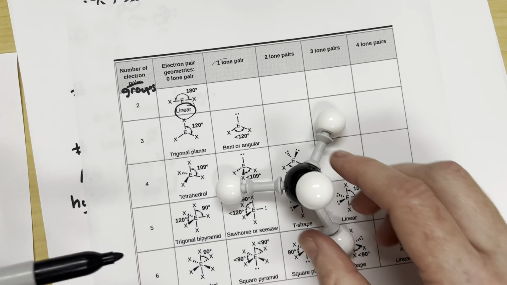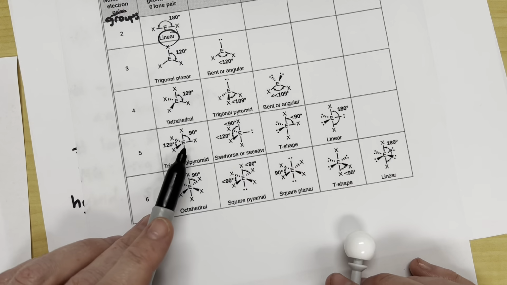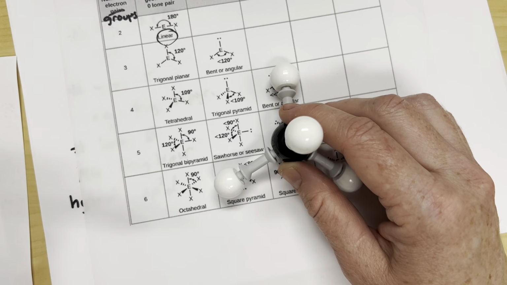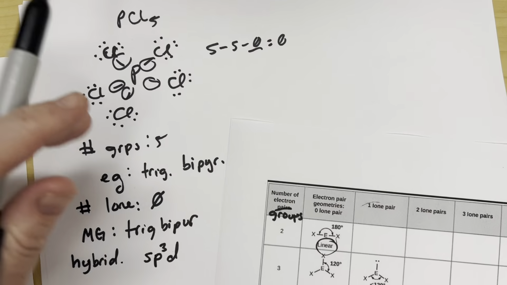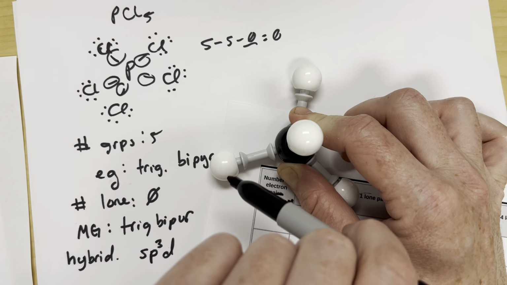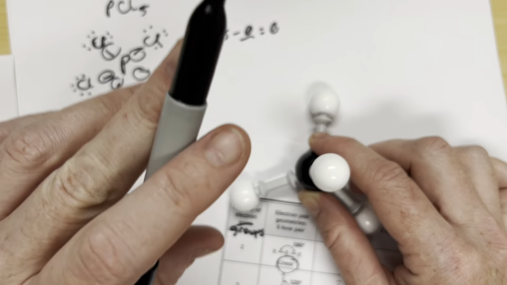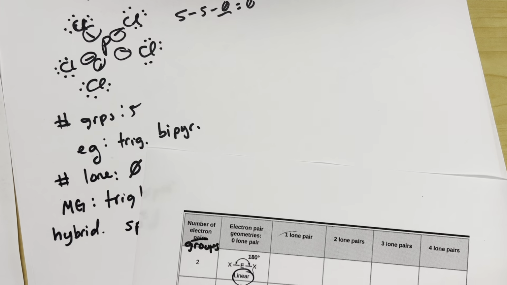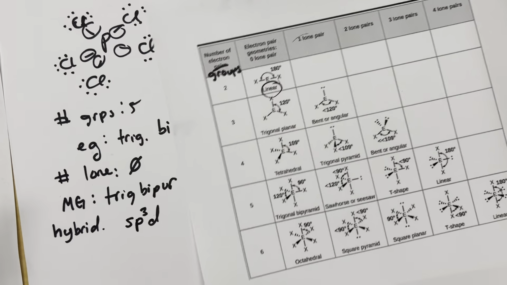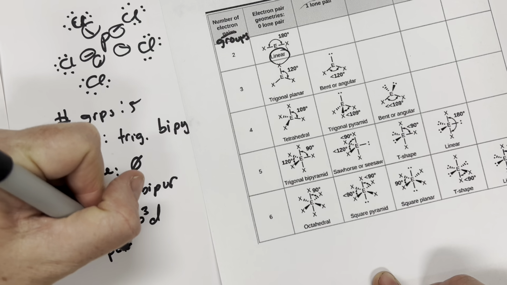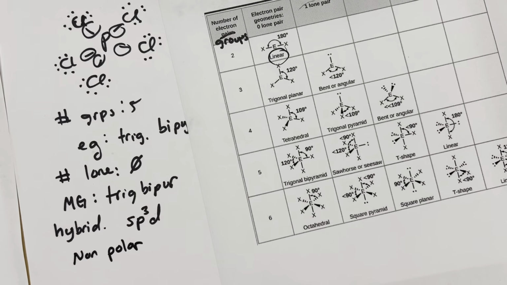Okay, they are all equally pulling each other. So if this is the chlorine that we just drew, it's got a chlorine pulling it this way, chlorine pulling it that way, chlorine pulling it that way. It has one pulling up and one pulling down. So there's an equal and opposite pull for every single one. Even though those individual bonds are polar, the overall thing is non-polar. They are all equally and opposite pulled.